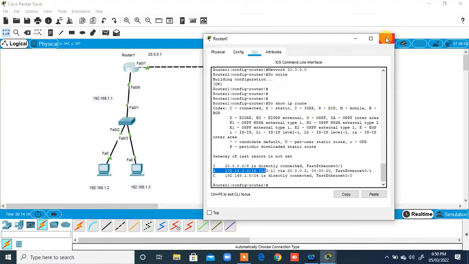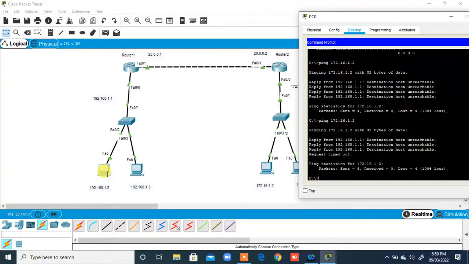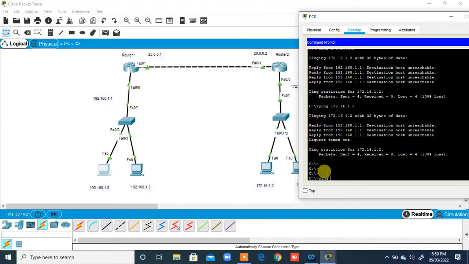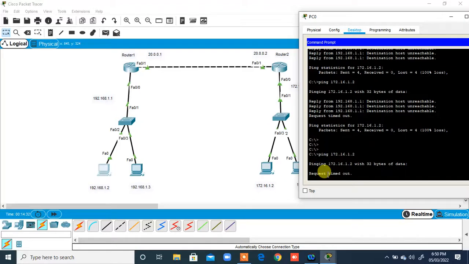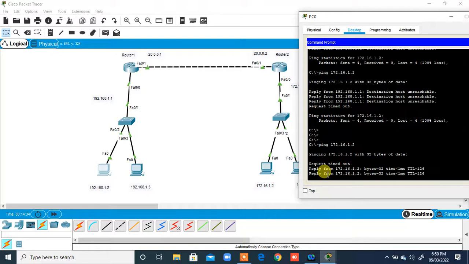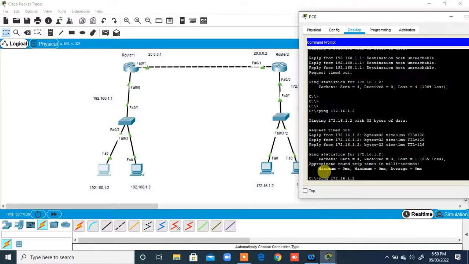Let us try to ping from my router 1 to router 2 and see. I am going to ping my other network. Let us see. So guys, as you can see, we are able to get the reply.